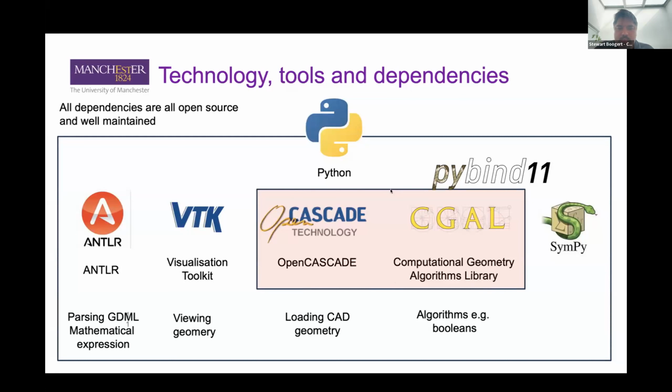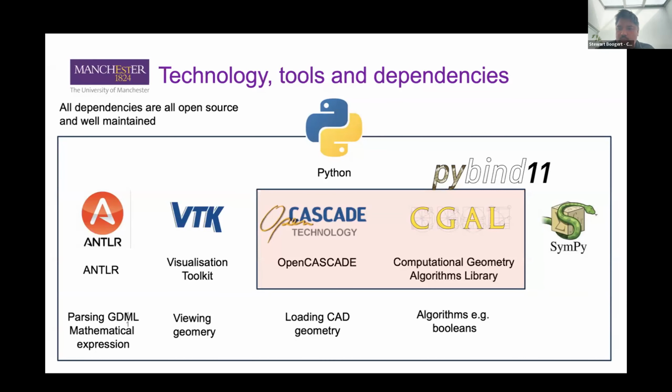I took a tack of only pulling a subset which is required, and developing PyBind11 interfaces to both of these, which I don't know is maybe a good choice, maybe not. And then on the side, sometimes relevant is SymPy for producing and simplifying some of the geometry at various stages.